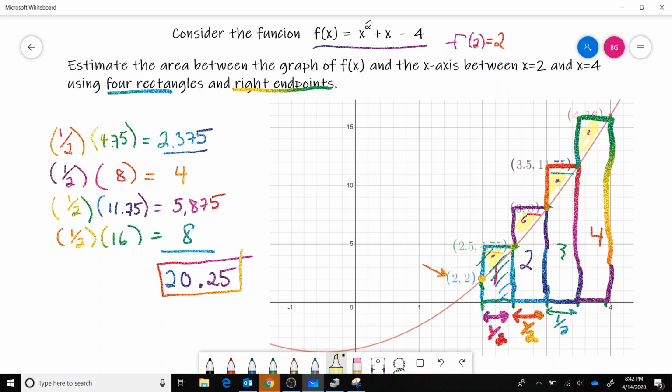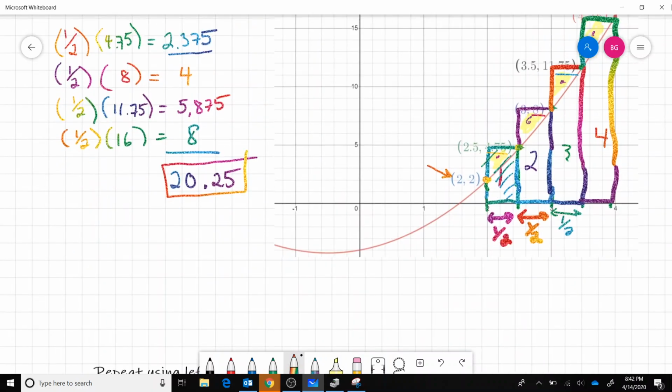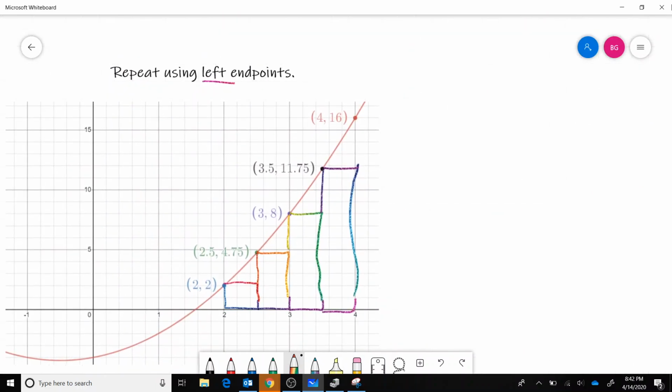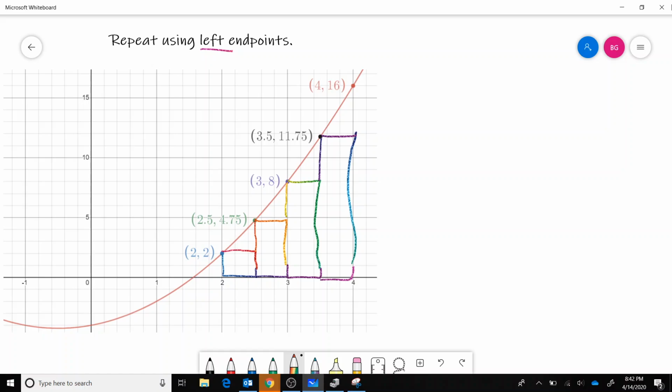Let's try to do this again, but this time we're going to use the left endpoints. So again, we're still breaking it into 4 rectangles. Each rectangle still has a base of 1/2, but the heights are different because I'm using the left side of my rectangles, not the right side.